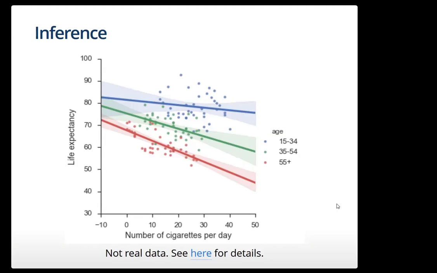And then maybe, but there are caveats, of course, you can go even one step further and say maybe there's a cause here, maybe cigarettes actually cause the reduction in life expectancy. Though the data and the model itself will never really tell you if there is a causal relation. For that, you need to use outside expert knowledge to conclude that.